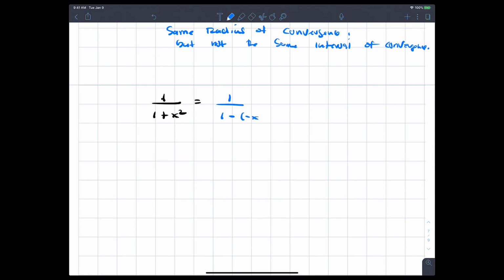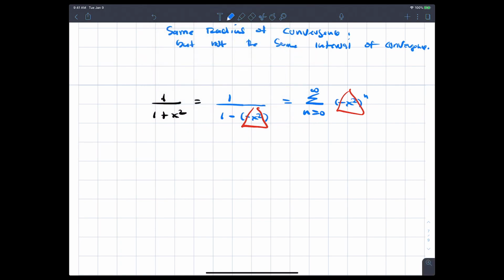1 over 1 minus negative x squared, which is going to be the sum of n is 0 to infinity of negative x squared to the nth power, right? Because this is going to be in that triangle. That's what we highlighted in gray earlier.